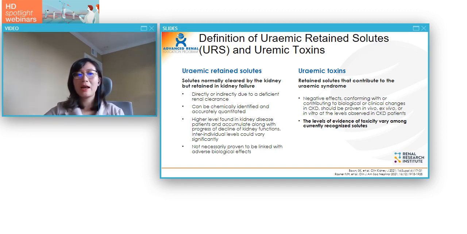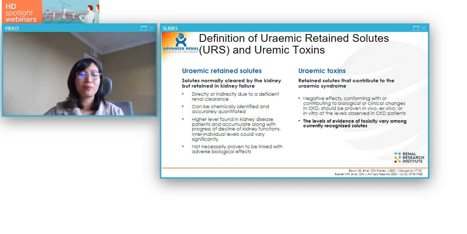They usually have elevated levels in the kidney disease population, especially kidney failure, because of the declined kidney clearance or increased production. Their levels are oftentimes found increased along the progression of kidney failure, and their levels are oftentimes quite different among individuals. So among those solutes, some have been studied more frequently and are believed to be linked with damage to biological systems related to uremic symptoms.